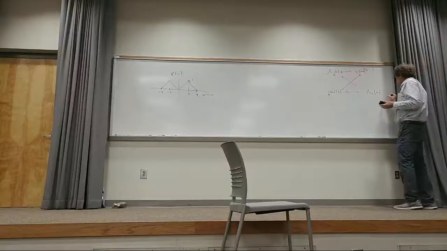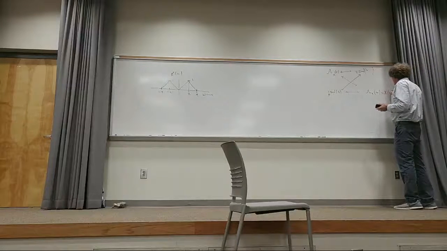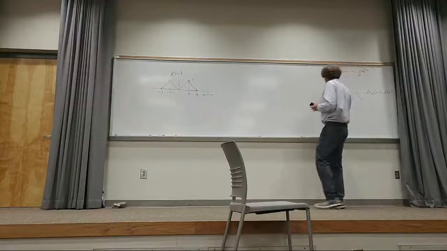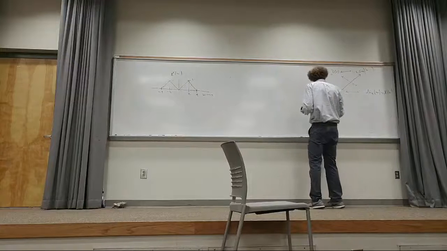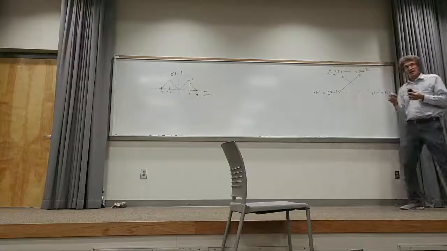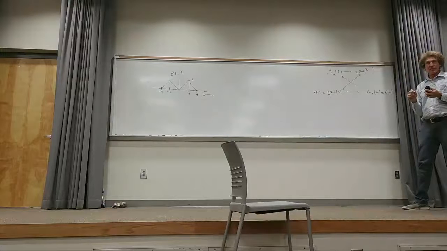So this is like, think of it as our x of omega. And this is like the x of t. Just think that way for a second. Are you with me?